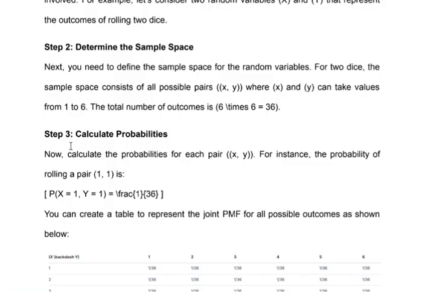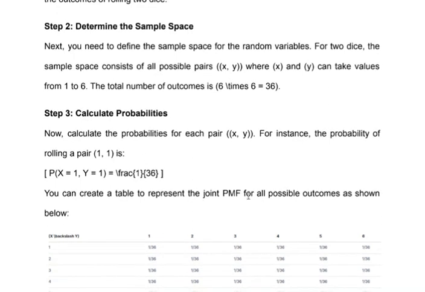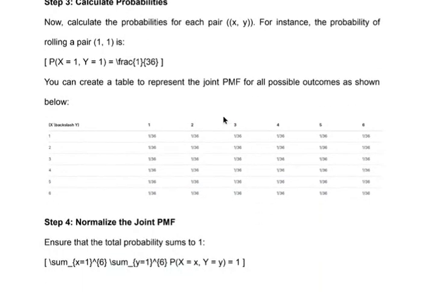Step 3. Calculate probabilities. Now, calculate the probabilities for each pair (x, y). For instance, the probability of rolling a pair (1, 1) is as follows. You can create a table to represent the joint PMF for all possible outcomes as shown below.